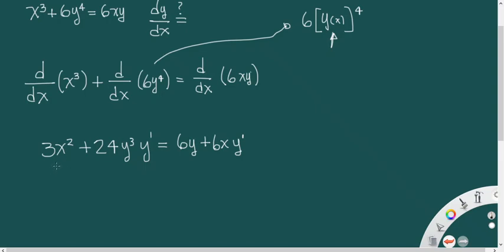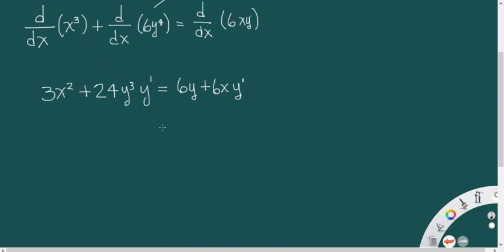So now we're ready. This is the first part of the result, and now let's start to isolate. Let's move all the y primes to the left.